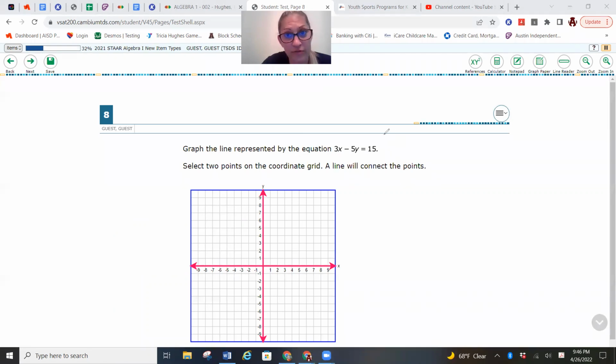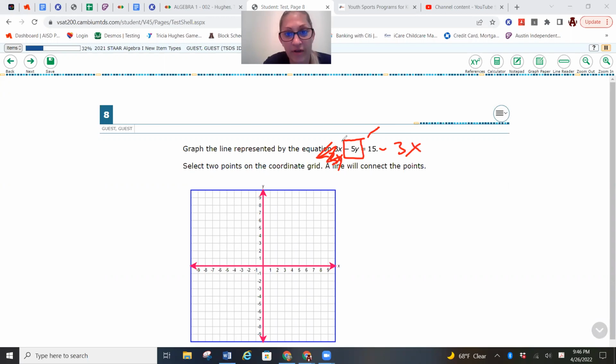Graph the line represented by this equation. All right, you're going to have to do some math. Okay, so here's what I'm going to do first. I'm going to box the y. I'm going to move x.